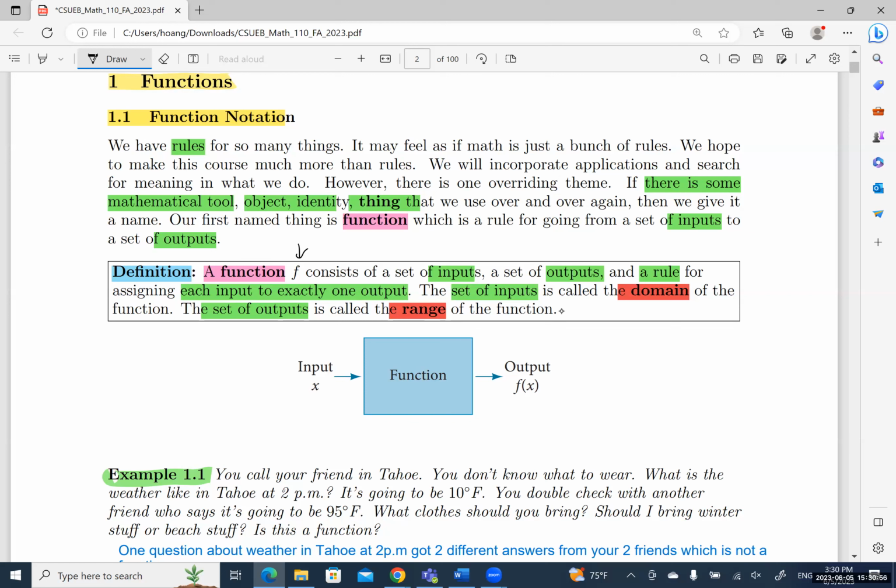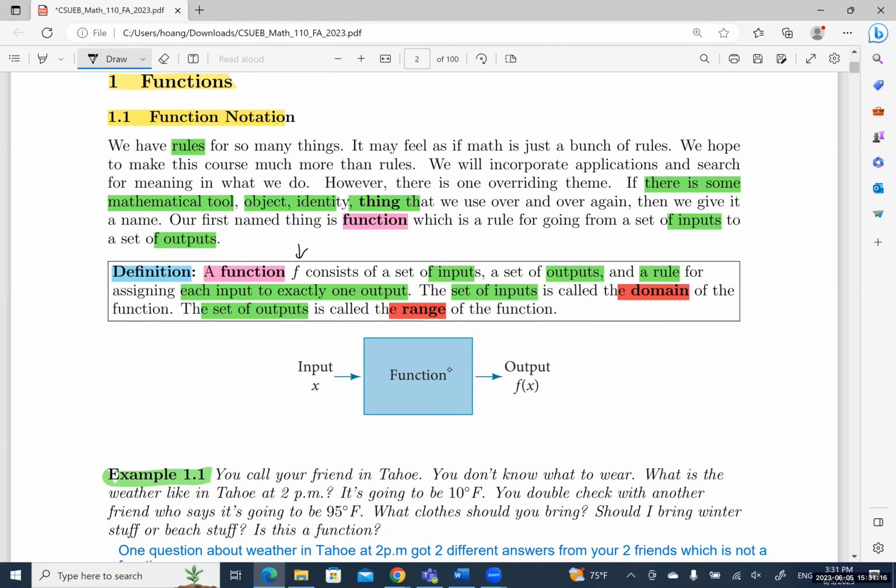As you see down here, I have a figure with an input. Mostly in mathematics, we notate it by x. And it goes to a box named function.